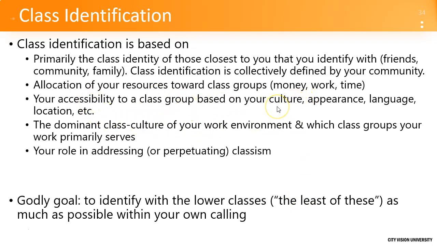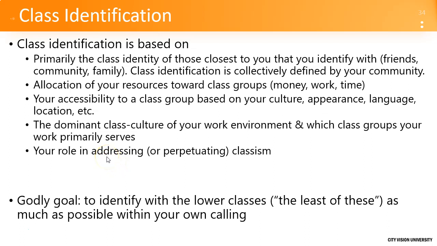Whenever I played basketball and I lived in the hood, I dressed like I was in the hood, but whenever I go get a grant, I dress in a suit, right? So then what's the dominant class culture of your work environment, and which groups does your work serve, and what is your role in addressing or perpetuating classism?